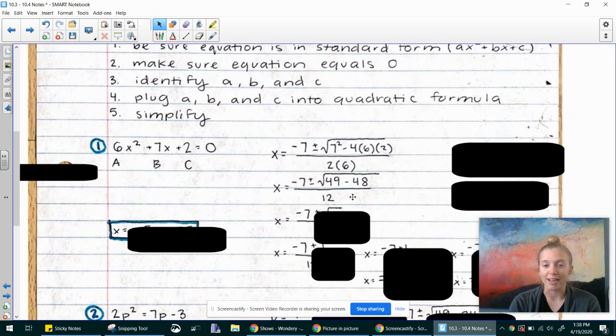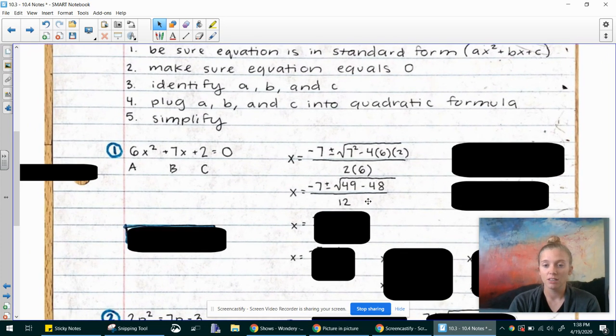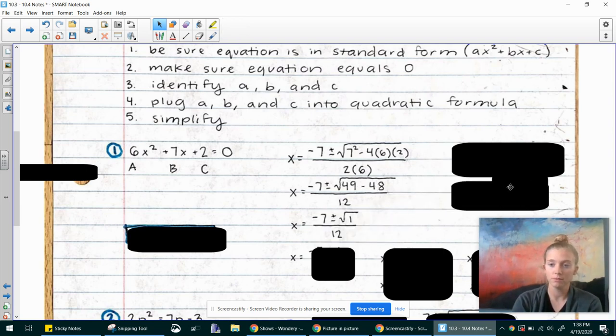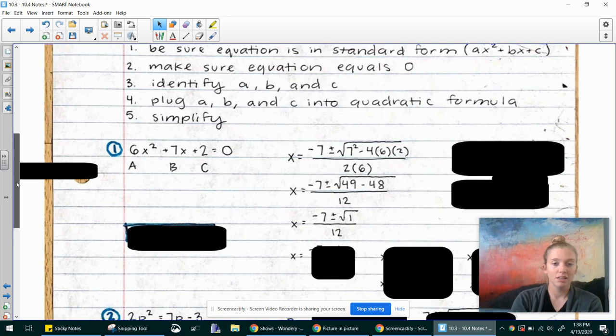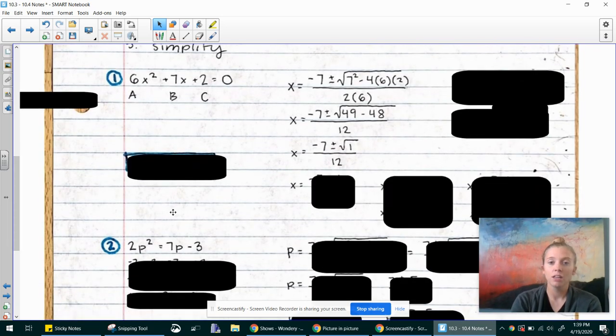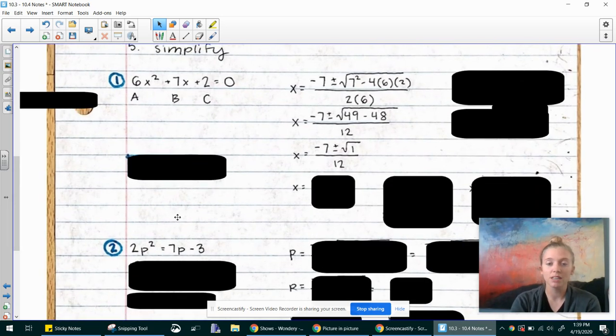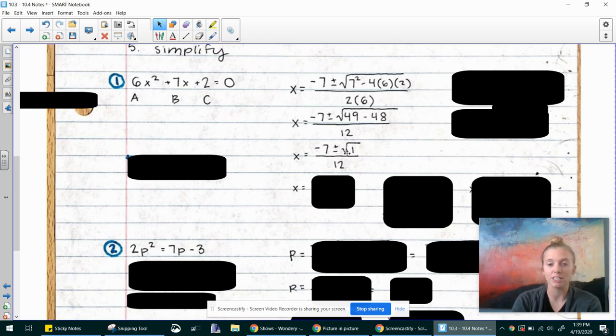Then we're going to subtract what is under the square root sign. 49 minus 48 is 1. So x equals negative 7 plus or minus the square root of 1 over 12. Well, the square root of 1 is 1.